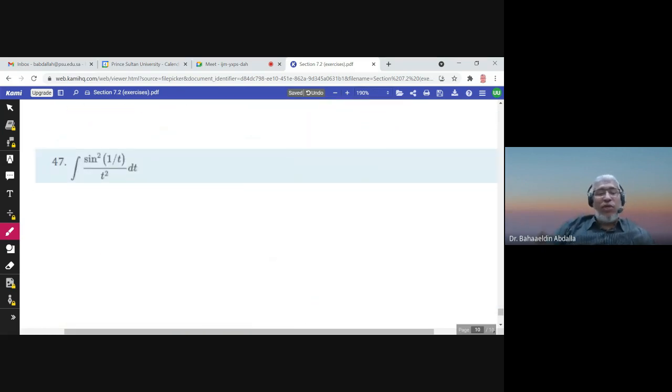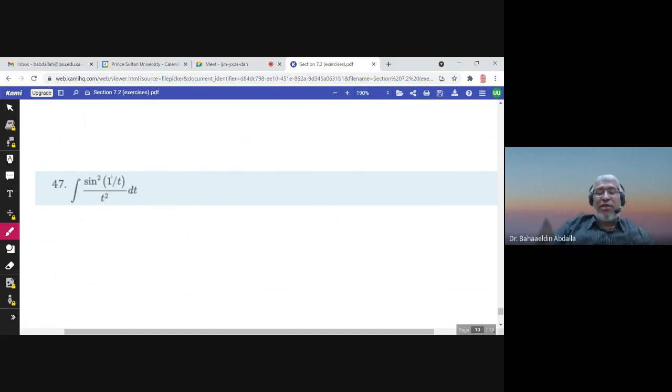What about this question? Well, look carefully. I have sine square, but I have 1 over t and t square here. And I know that the derivative of 1 over t is negative 1 over t square. So if I just multiply by a minus sign here and a minus sign outside, and I take u as 1 over t, then du would be negative 1 over t square dt.